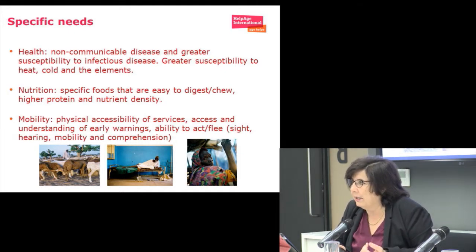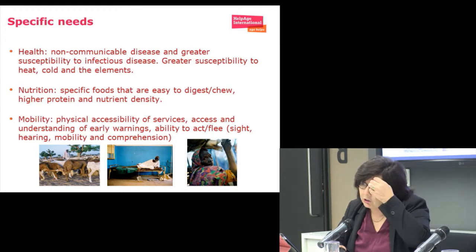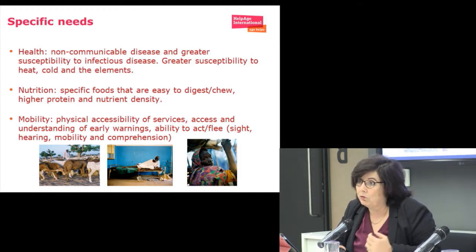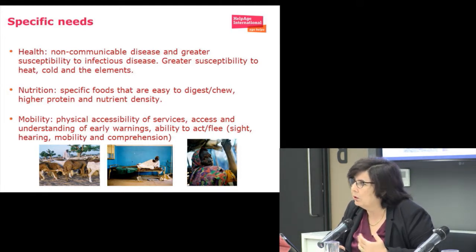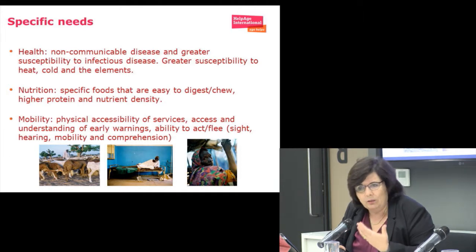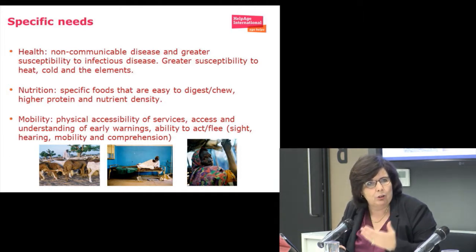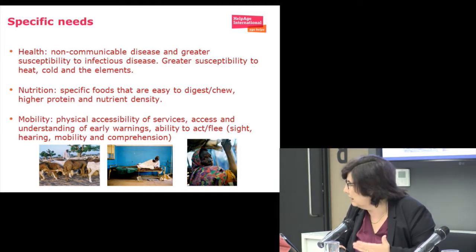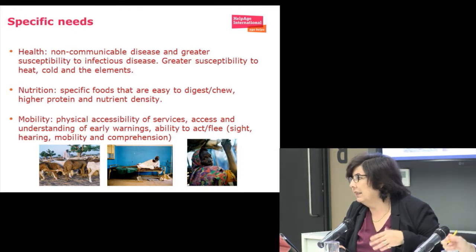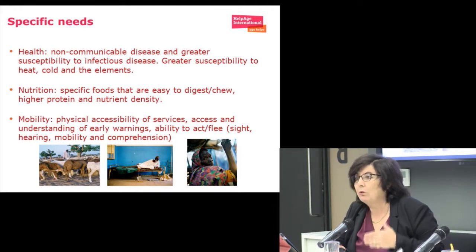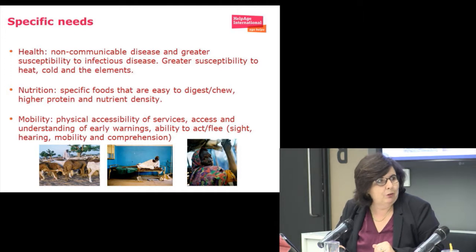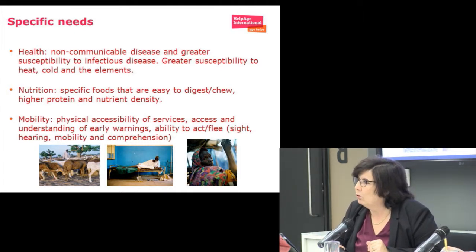Health is obviously an important one. There is still a very limited understanding of the specific health conditions and the necessary response that is important to put in place. For example, non-communicable diseases. How do we ensure continuity of treatment in humanitarian response? How do we prepare systems to ensure continuity of treatment of NCDs?